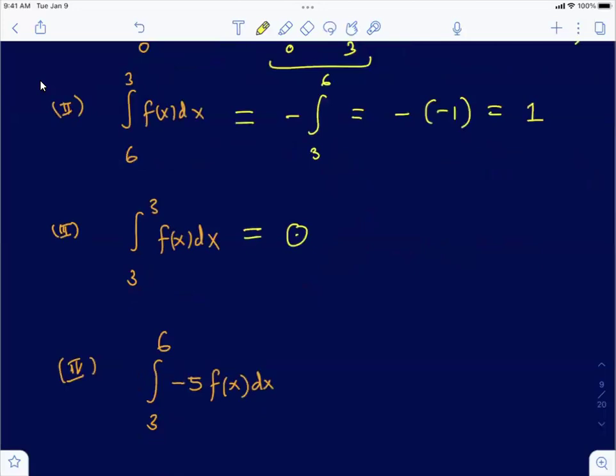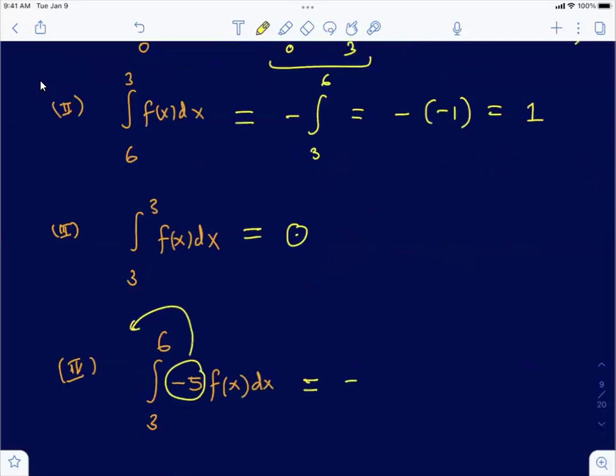And then the next part, what is the answer for the integral from 3 to 6 of negative 5 times f(x) dx? To answer this, don't forget, we can employ linearity properties. This constant multiple can be brought out.